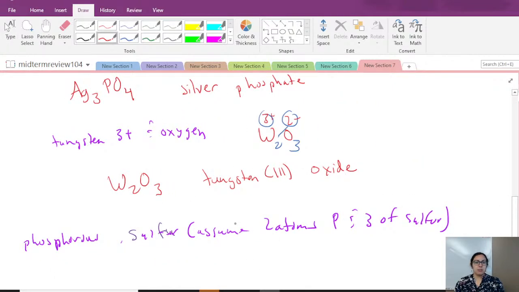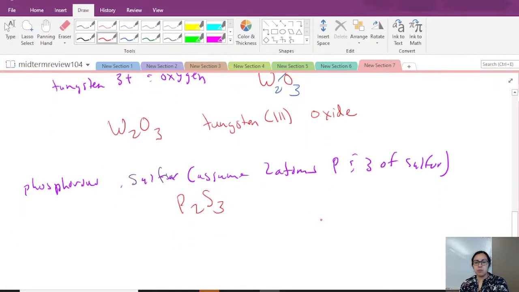And then what about the last one? So it says it's phosphorus and sulfur, but I had to give you, because again, there's so many combinations, 2 atoms of phosphorus, 3 of sulfur. So what's our proper naming? How do we write the formula? So P2S3, and then how do we name this? What type of compound is it? Yeah, so covalent compounds, so then how do we name it?